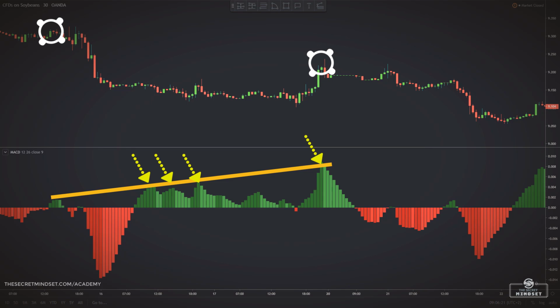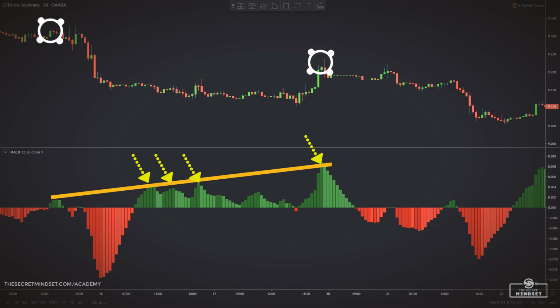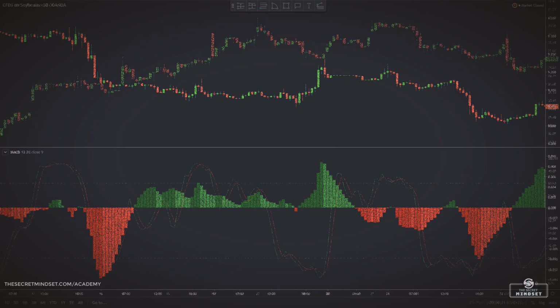That's why when you spot the inception of a hidden divergence, don't enter the market blindly. You need confirmation from price action first and from the oscillator second. A hidden bullish divergence can fail when the price fails to make new highs. That's why you should constantly pay attention to price action.